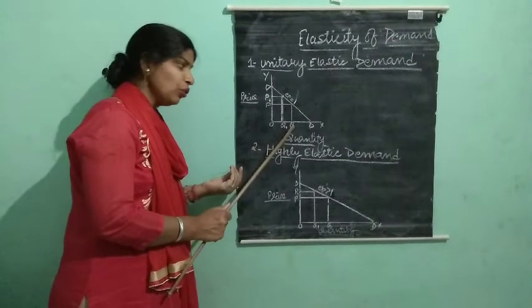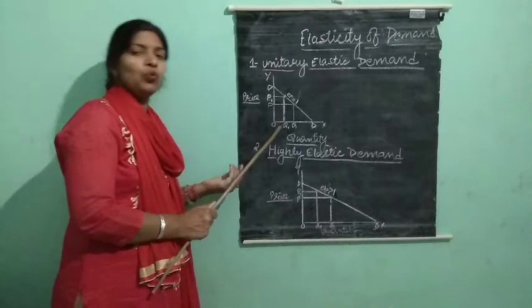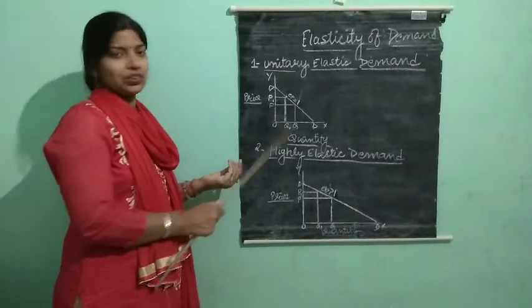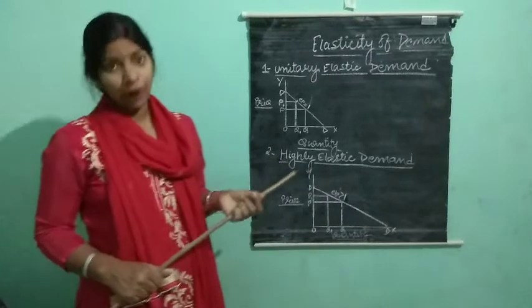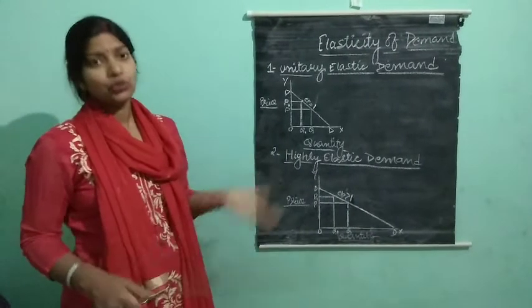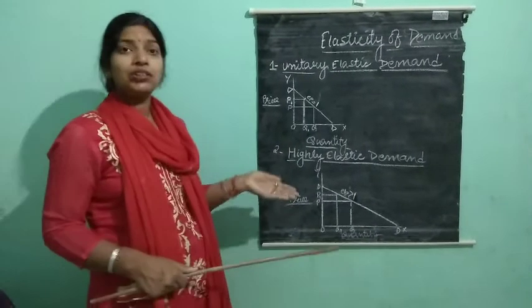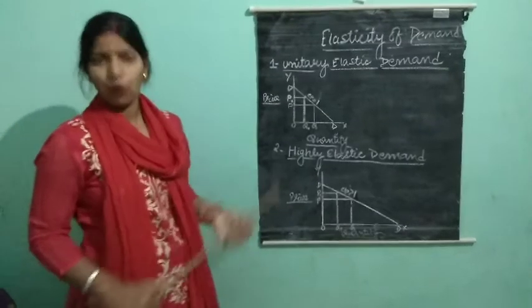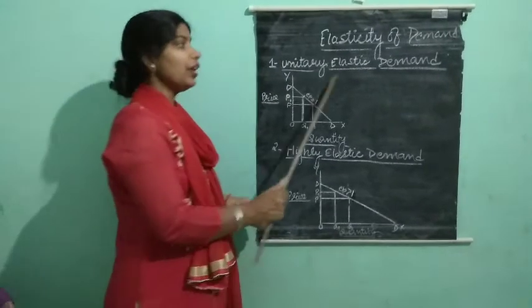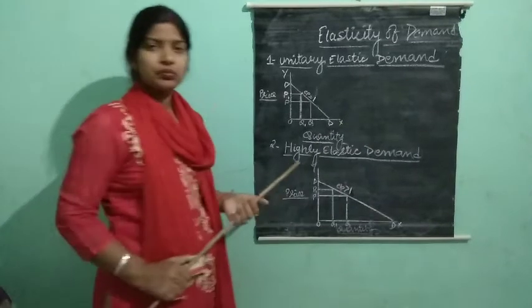It means Q to Q1, this is also 10%. All of you know that there is an inverse relationship between price and quantity. That's the reason. If 10% price increases, 10% demand will fall. This is unitary elastic demand.